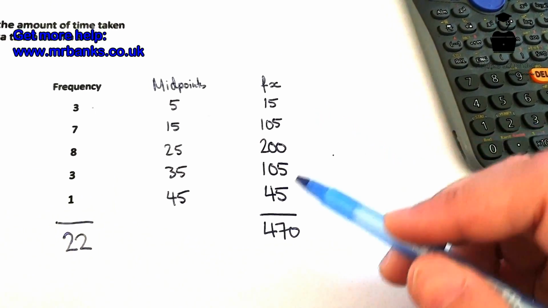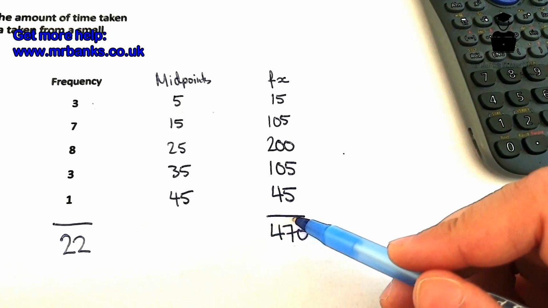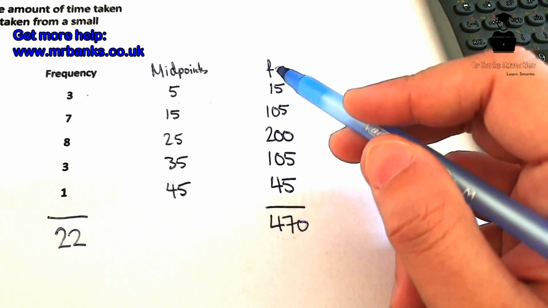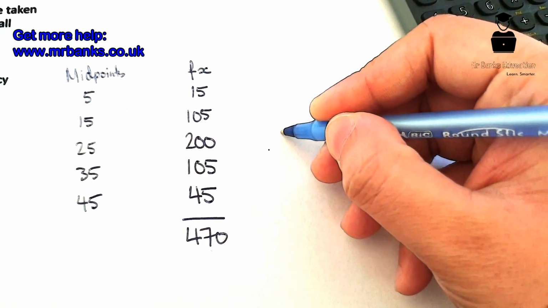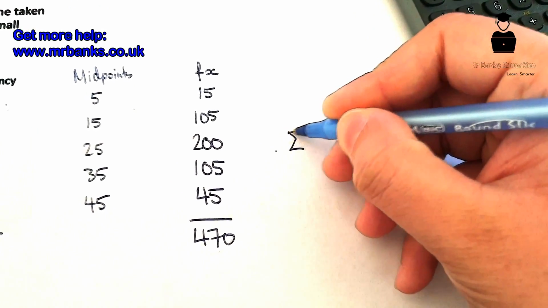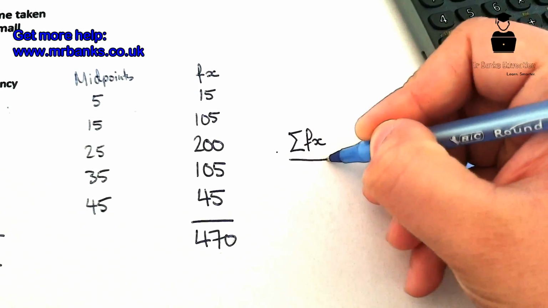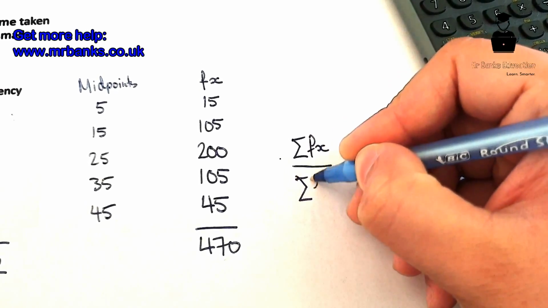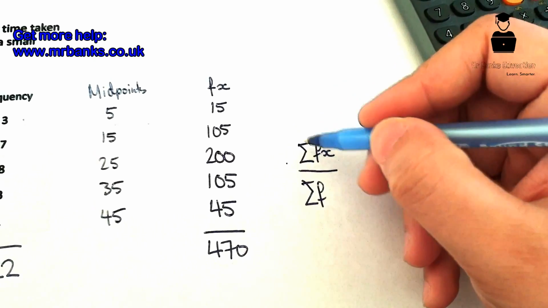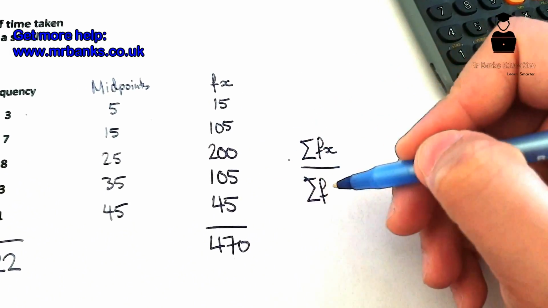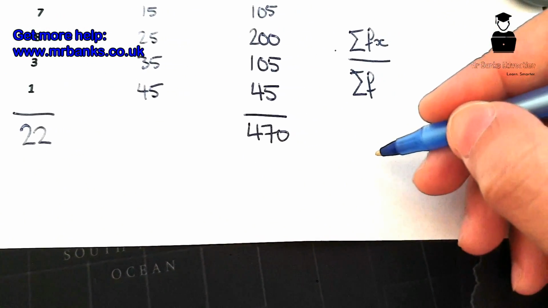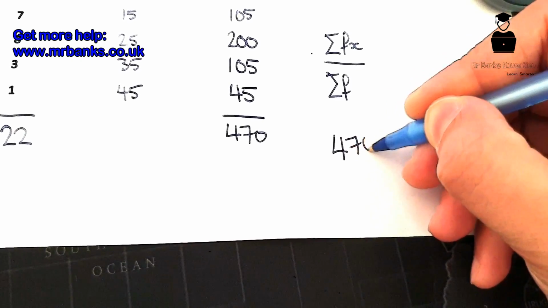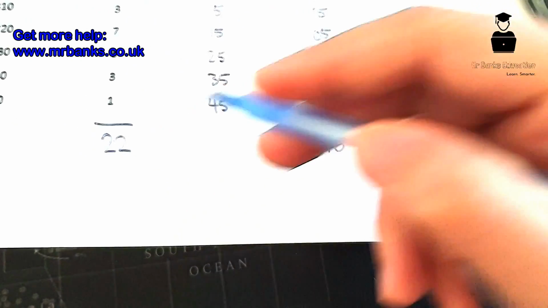Now, to work out the mean, you just do the total of fx divided by 22. And actually there's a little formula for that. Estimated mean equals the sum of fx over the sum of f. This means the total of the fx column divided by the total of the frequency column. So basically, let's make it easy now. 470 divided by 22.